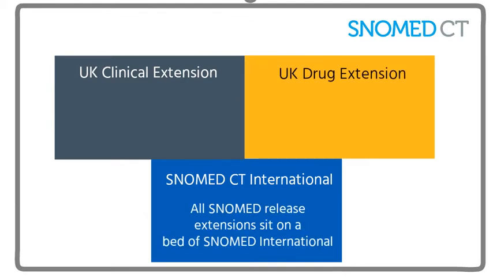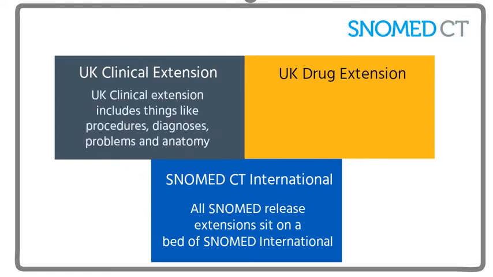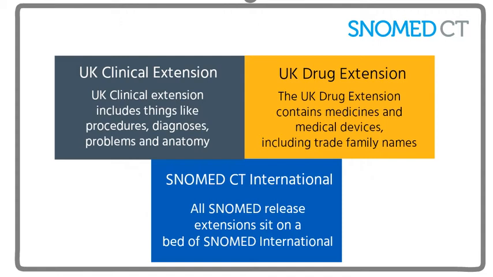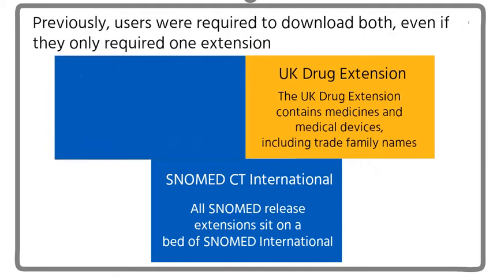All SNOMED release extensions sit on a bed of SNOMED International. The UK clinical extension includes things like procedures, diagnoses, problems and anatomy. The UK drug extension contains medicines and medical devices, including trade family names.